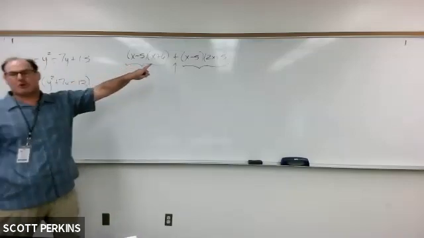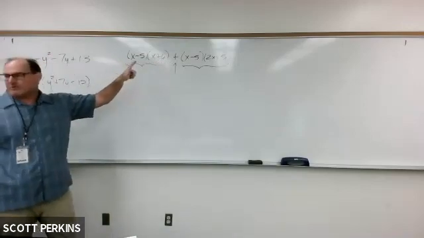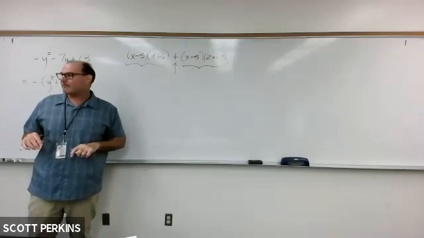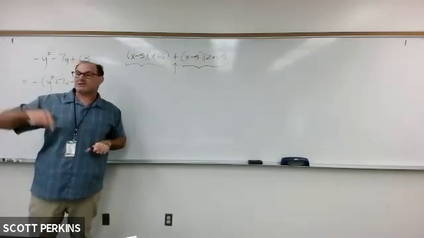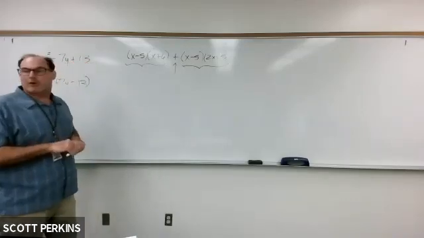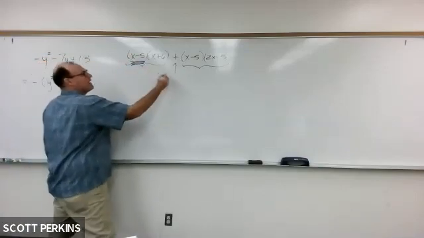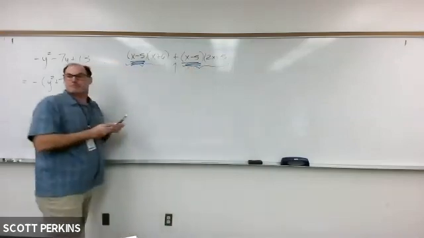So looking at the two terms that I've underlined here, do you see anything that is exactly the same about both of them? x minus 5. Awesome. So what we're going to do is factor out that x minus 5. I've got an x minus 5 right here, and I've got an x minus 5 right there.